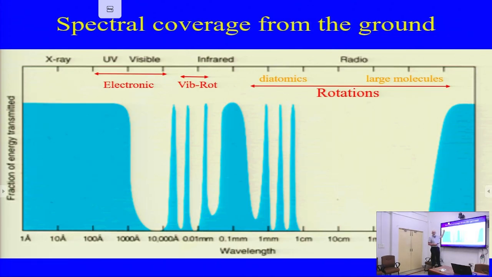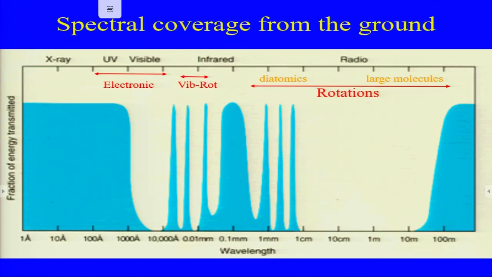Actually, you do get X-ray electronic spectra, but that's different: you're blasting out an inner shell electron. But the sort of electronic spectra where you're exciting the valence electrons, the outer electrons, are in visible and ultraviolet. So that's your understanding of the electromagnetic spectrum, and it also tells you what you can observe from the ground if you're trying to do this astronomically.